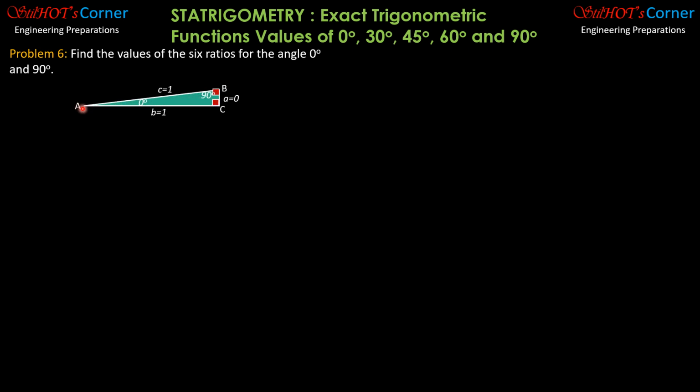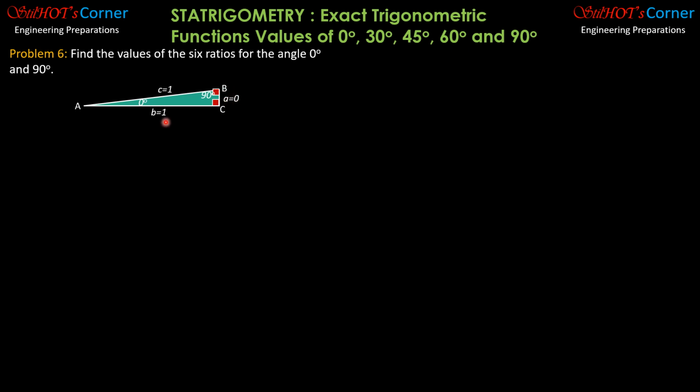So of course, we draw a right triangle, although 0 degree is actually a straight angle where the terminal and initial side coincide. We just draw a right triangle and define 0 degree here. So the opposite should be 0, and the adjacent side should be 1.